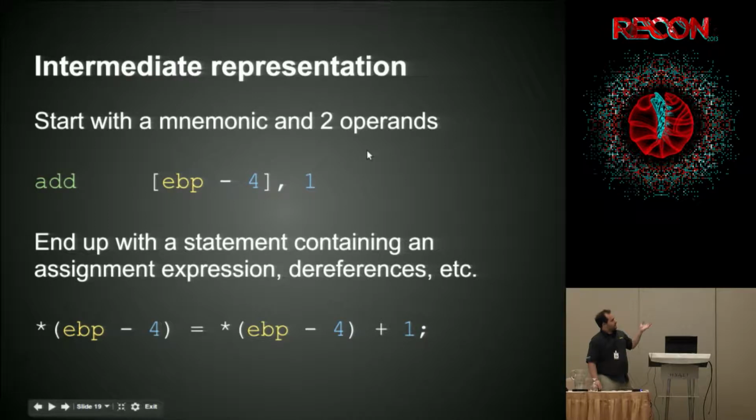So this is an add instruction. You have the add, and below you have the same expression but in the intermediate form. So in the IR, all of the assignments are explicit. You don't have anything implicit, and you can see that the add instruction was transformed into an addition.